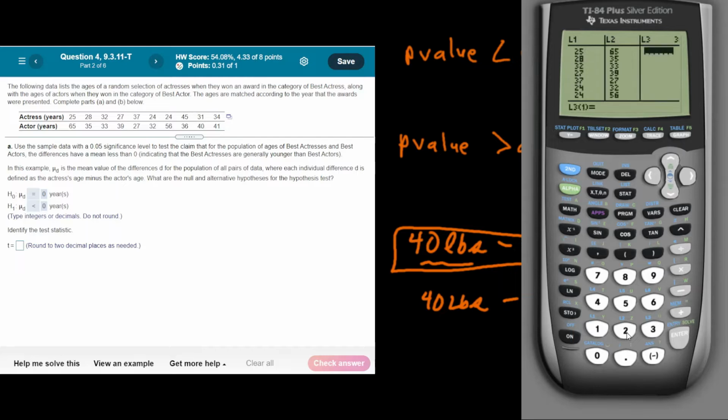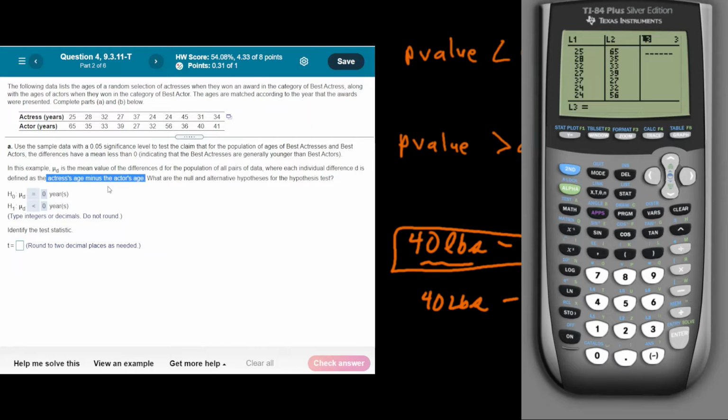So we're going to start subtracting things. We're either going to do L1 minus L2 or L2 minus L1. Which one do we choose? L1 are the actresses. L2 are the actors. Here they said it's defined as the actress's age minus the actor's age.